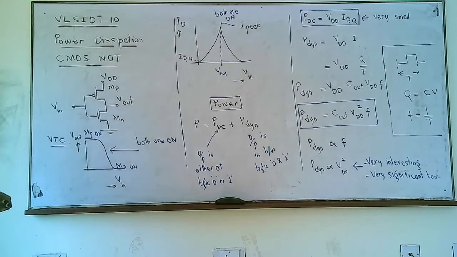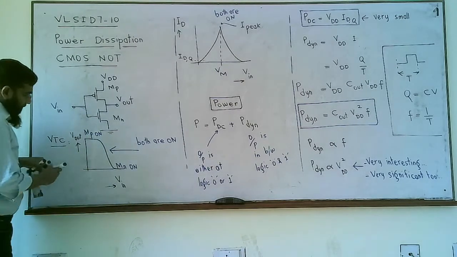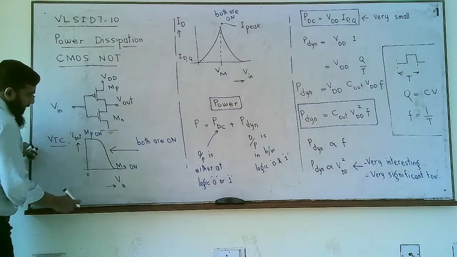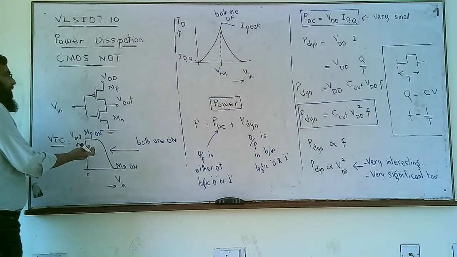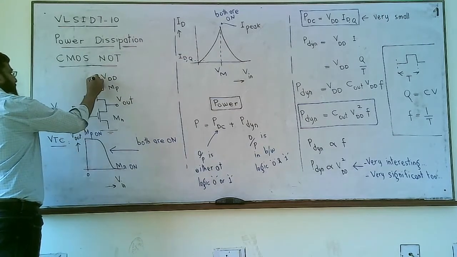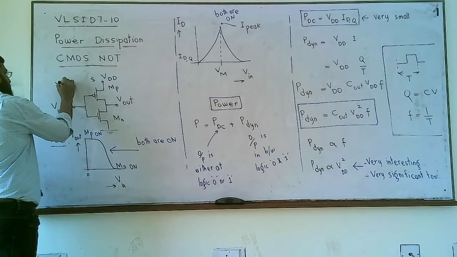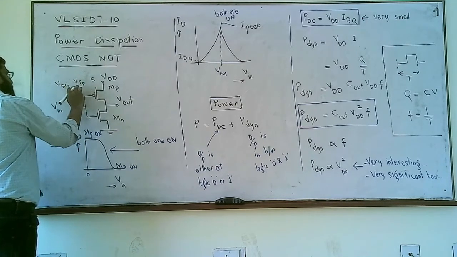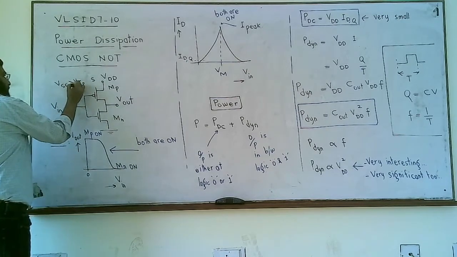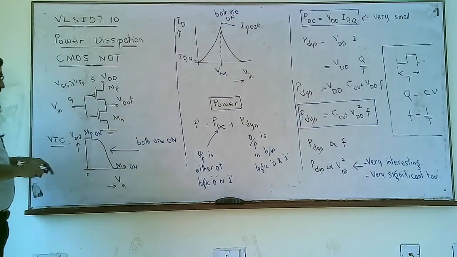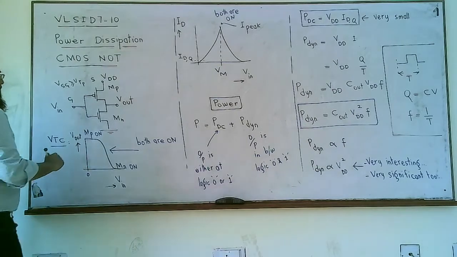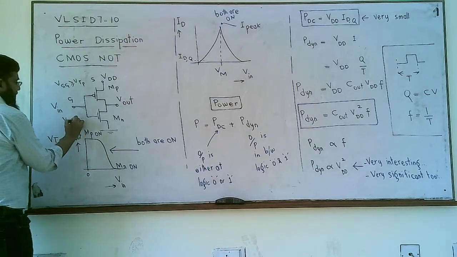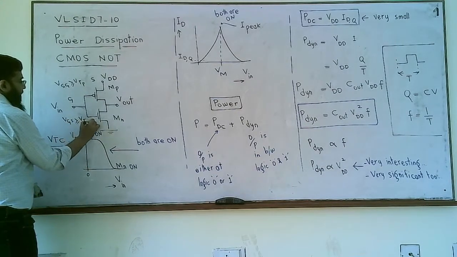And we know that when we apply 0 or very small voltages at the input, MP is on because we know that this is source, this is gate, and VSG is greater than VTP. And when we have very large voltages at the input, we have VGS greater than or equal to VTN, and this NMOS is on.